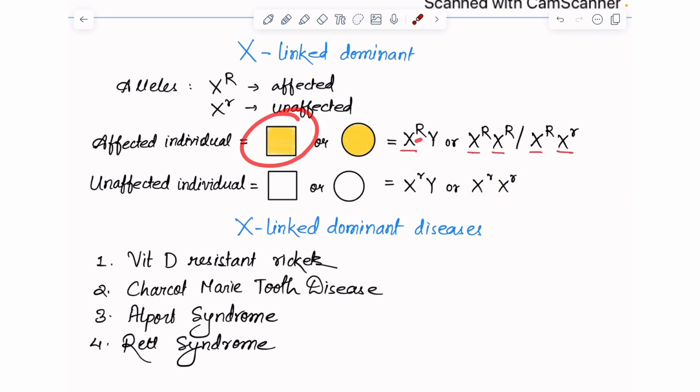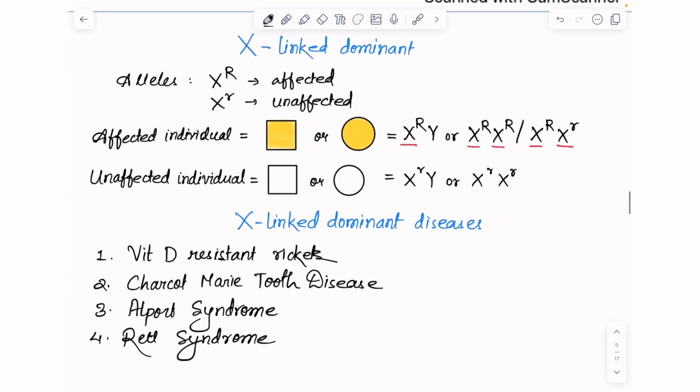For affected male, you have X capital R Y. For affected female, you can have either X capital R X capital R, which is homozygous dominant, or X capital R X small r, which is heterozygous dominant. For unaffected individuals, you are going to have X small r Y for male and X small r X small r, homozygous recessive, for female.